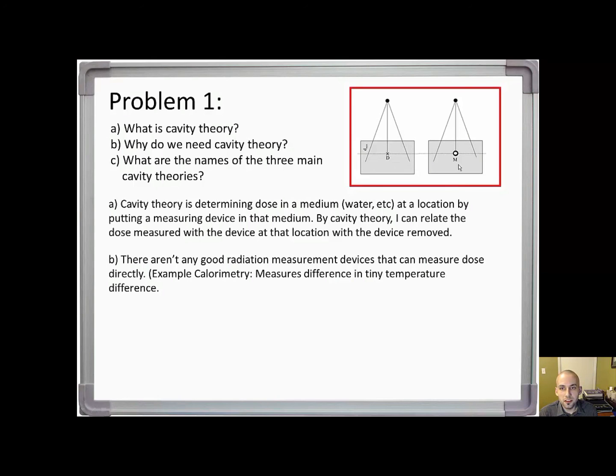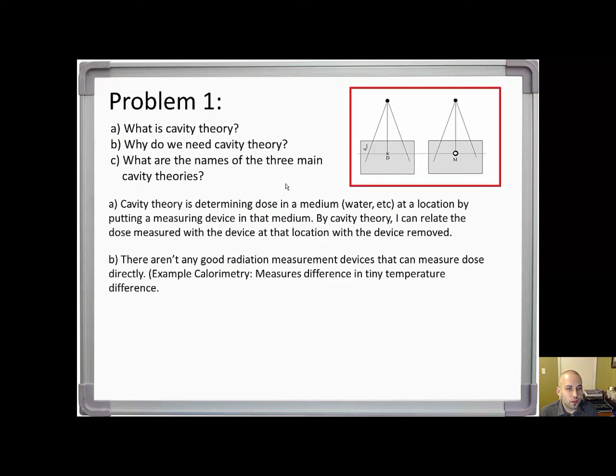So suppose we put an ionization chamber at this location right here. Well, what we need now is a formalism to relate the measurement at this location with the ionization chamber here back to the initial starting measurement, as if the ionization chamber was never there in the first place.